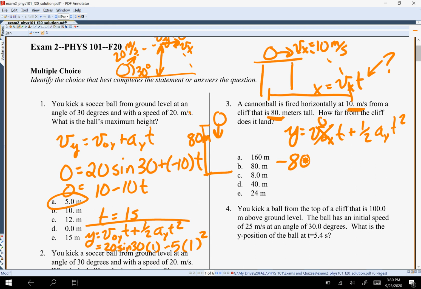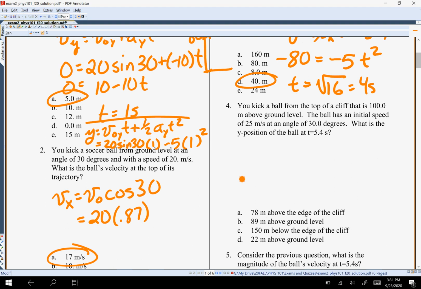I have negative 80 because it's starting at y equals 0 and it's going down 80 meters, so it's negative, equals half of negative 10, which is minus 5, times t squared. 80 divided by 5, what's that, 16? So t is equal to the square root of 16, or 4 seconds. Now, I know what Vx is, so I can go back up here and have 10 meters per second times 4 seconds, or 40 meters. So D is the right answer for number 3.